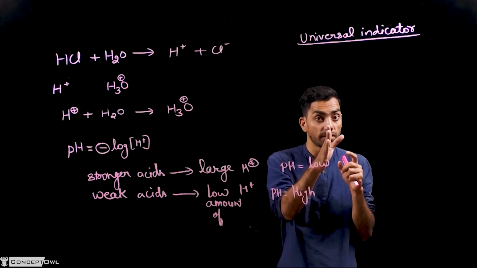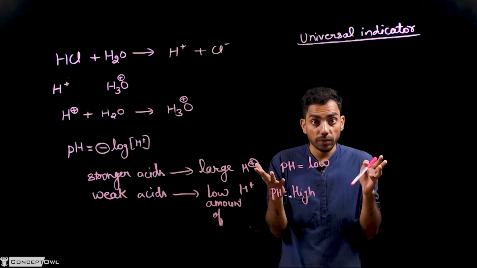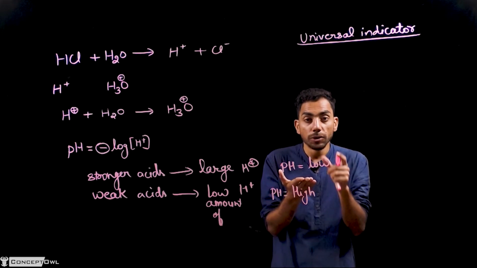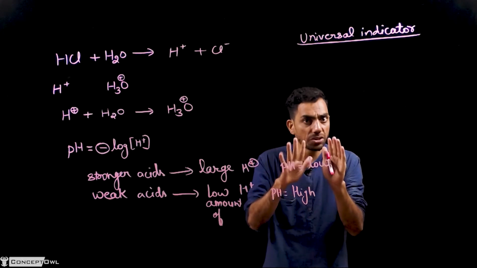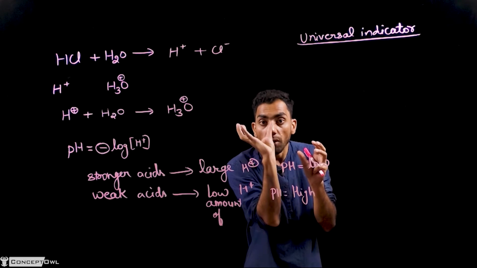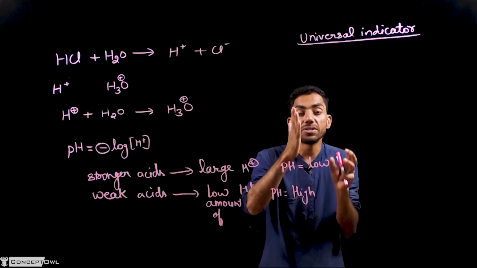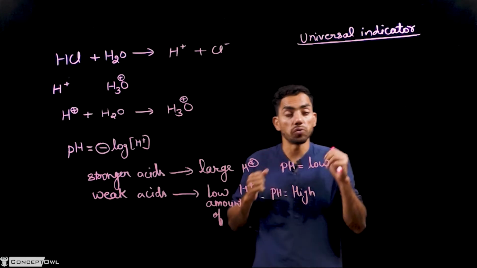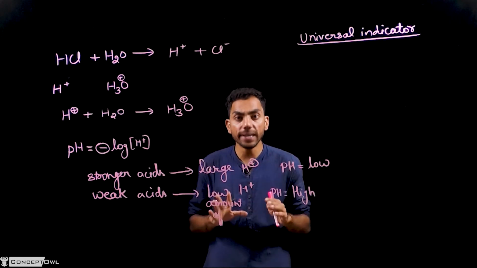That's very dangerous because it can explode the beaker. So better to add acid into the water. So now I am changing my question. We are adding acid into the water. What will be the change in the concentration of H positive ion? Will it increase or will it decrease?